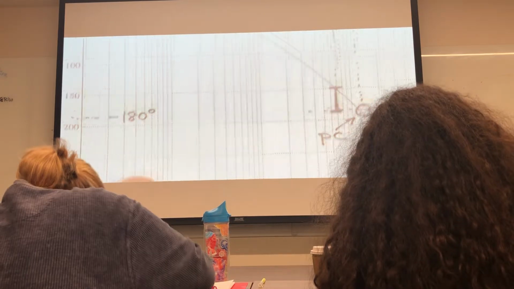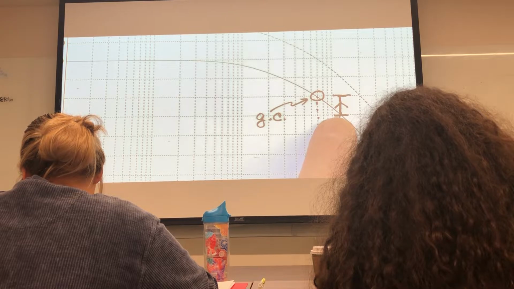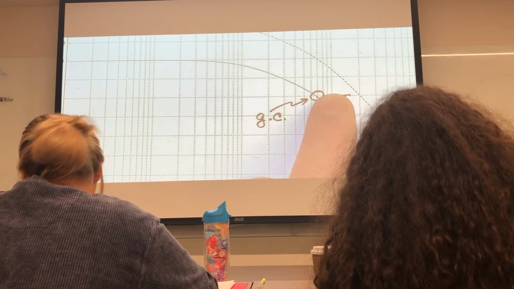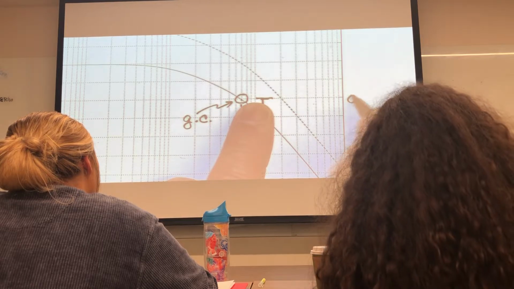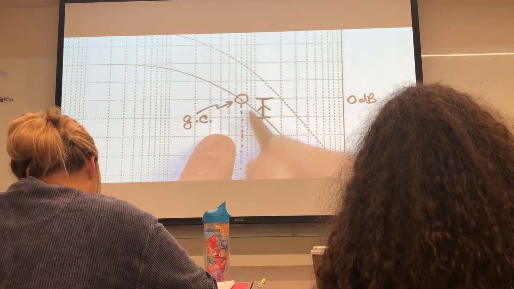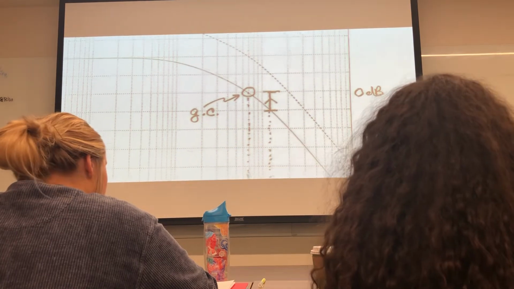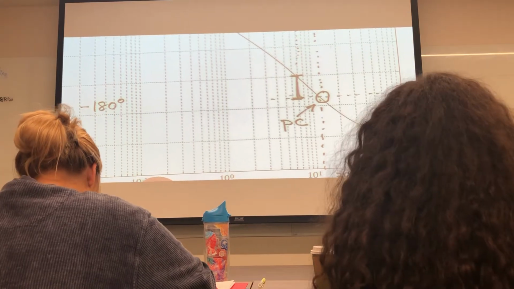Now, by convention, to determine the gain margin, we go from the current gain to 0 dB. But the phase margin is done opposite. We measure how far we are from 180.